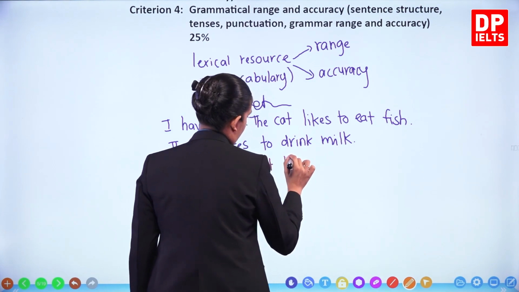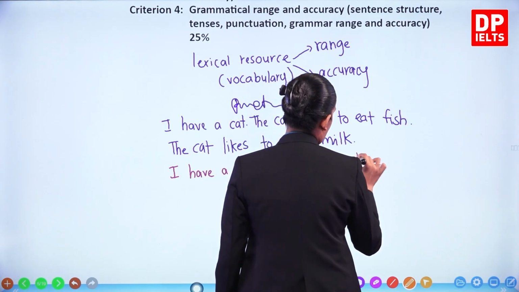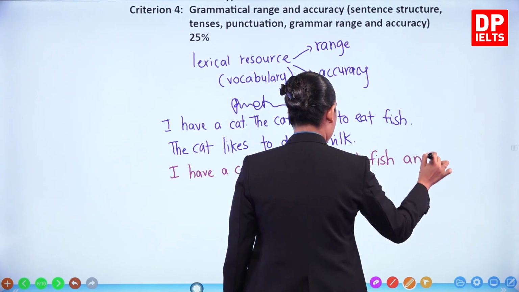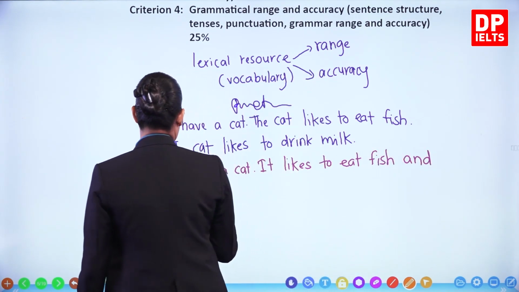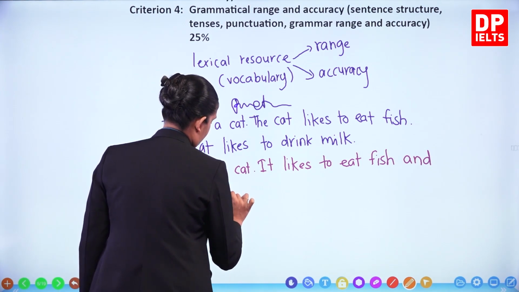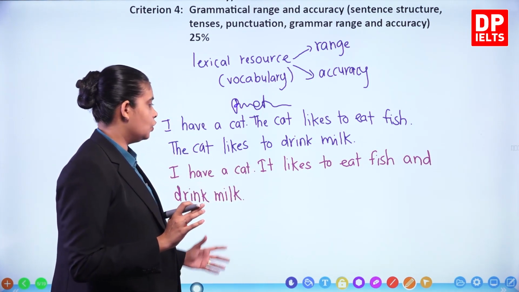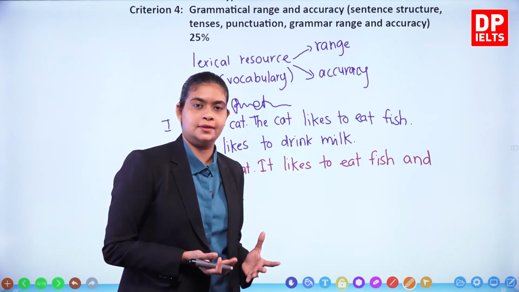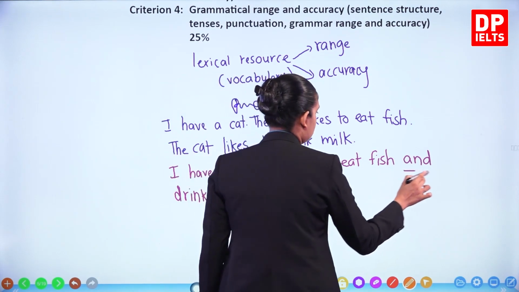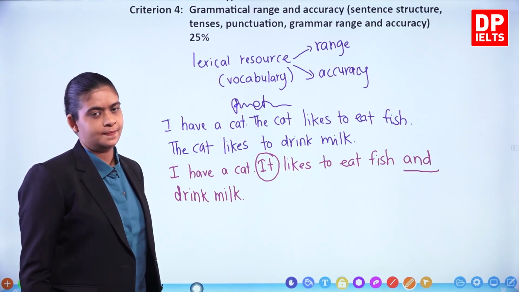It likes to eat fish and drink milk. So, what are you doing? You're trying to make it a bit better, okay? You're using pronouns, you're using conjunctions and trying to improve on your sentence a bit better.